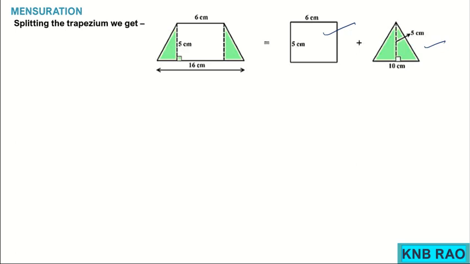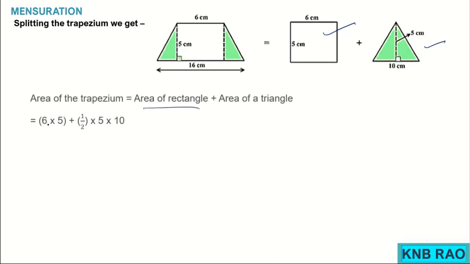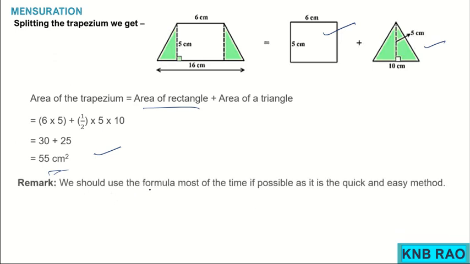So the area of the rectangle, that is 6 into 5, plus half into 5 into 10, becomes 30 plus 25, the same 55 centimeter square. Here is a remark: we should use the formula most of the time if possible, to save time. It is the quick and easy method.